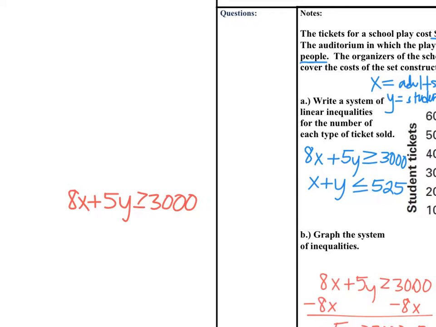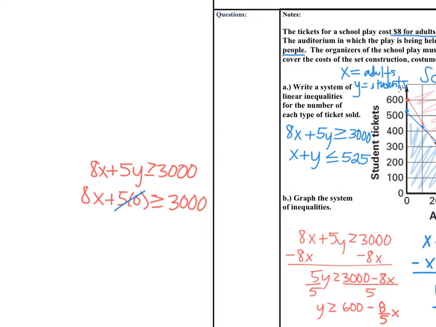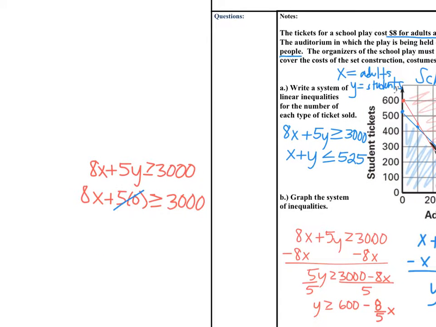The x-intercept, remember we just plug in 0 for y. And those cancel out because 5 times 0 is 0. So if you divide by 8, then you get the x-intercept to be exactly 375. So instead of graphing all those points along the way, you could just graph the y-intercept and the x-intercept and be done with it. So if you prefer that, that works.